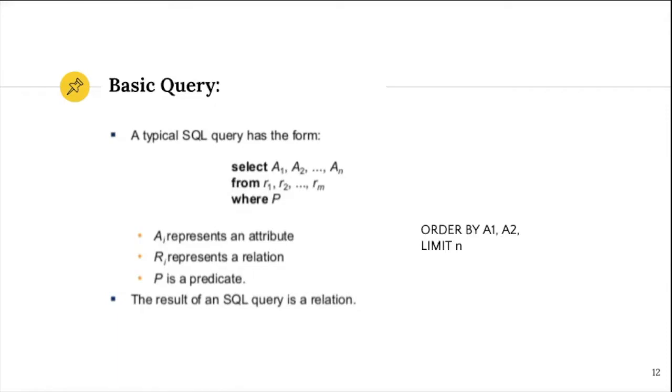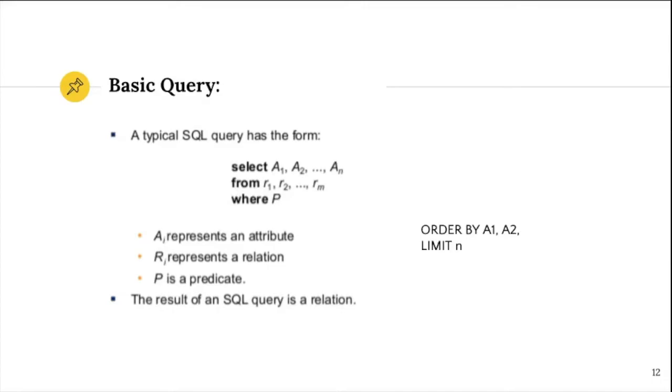Tapos, of course, kapag nalagay mo na yung relation sa baba nito, pwede mo nang ma-project yung resulting table from the cross product ng mga attributes na member attributes ng mga relations na nandito sa baba. And then, you can filter yung cross product na yon using some condition, which is yung P.